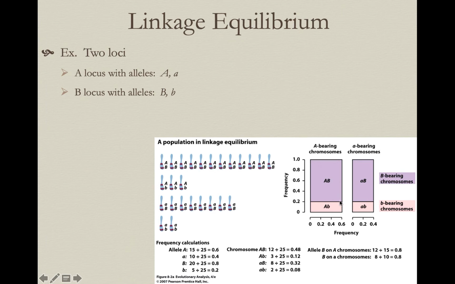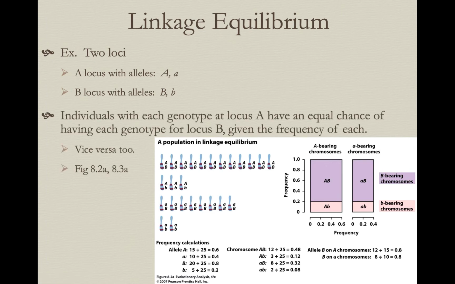But notice how these lines line up here. This is indicating that each of the individual genotypes at locus A have an equal chance of having each genotype of locus B, given each of their relative frequencies. So again, because big A is the biggest and big B is the biggest frequency, that is the chromosome type that you should see more commonly.